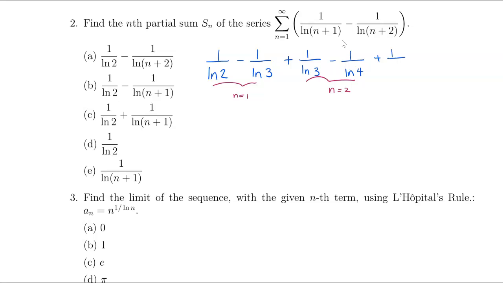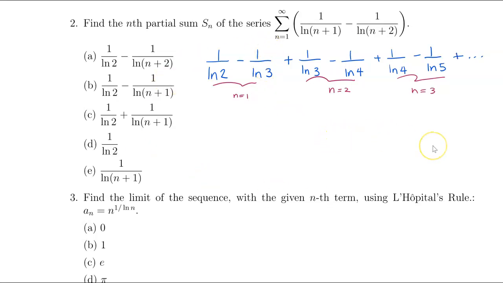Plus 1 over ln of 4, that is when n is equal to 3, minus 1 over ln of 5. This is the case when n is equal to 3, and so on. Then you look at the pattern.